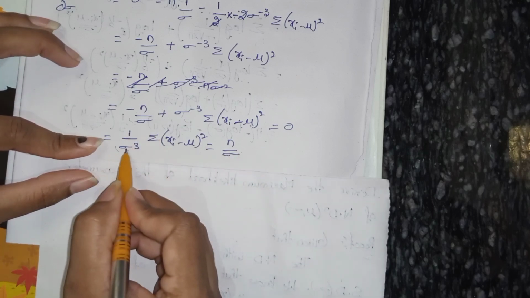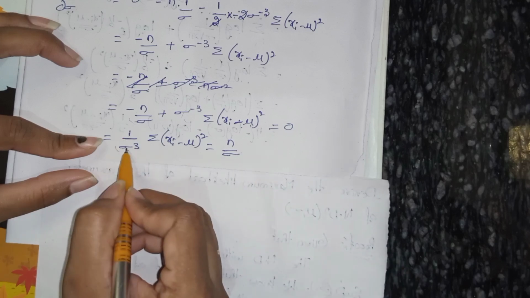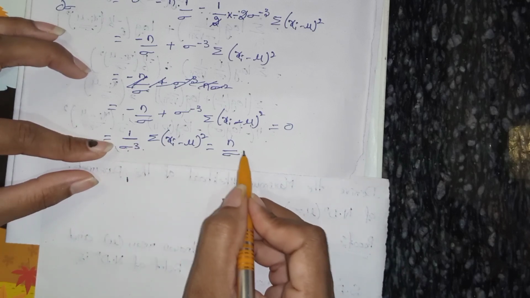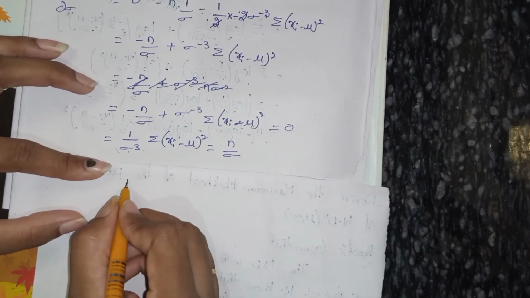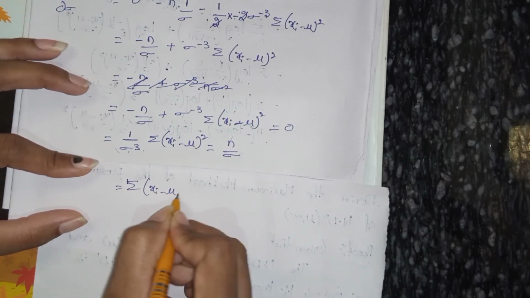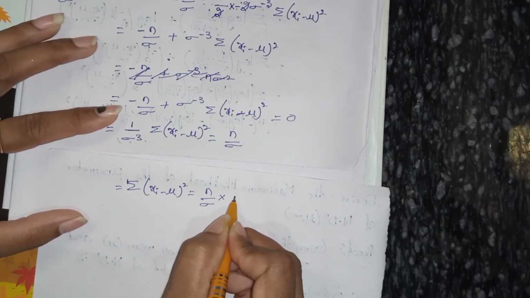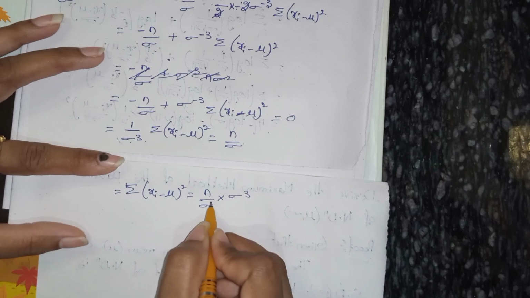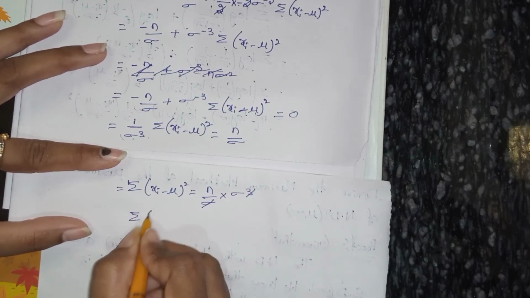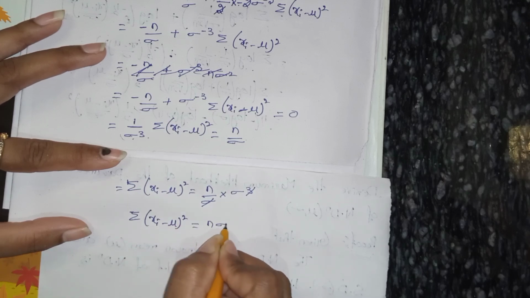It is in the form of division, 1 by means multiplication, no? So from LHS to RHS it becomes multiplication format. So summation xi minus mu whole square equals n by sigma into sigma cube. So sigma gets cancelled, and summation xi minus mu whole square equals n sigma square.